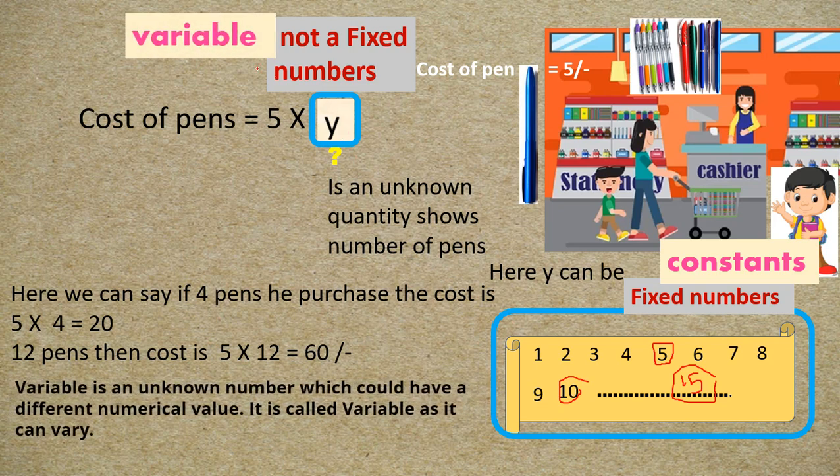And as we learned about the variable, they are the unknown numbers which could have different numerical values. It is called a variable as it can vary. So the value which can be changed according to the situation is the variable.